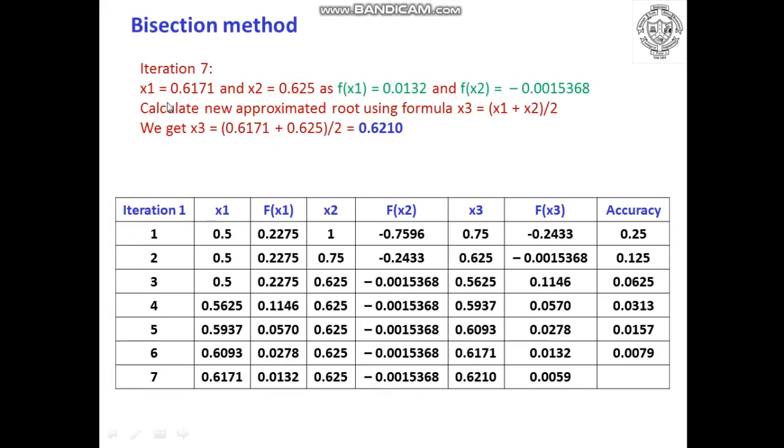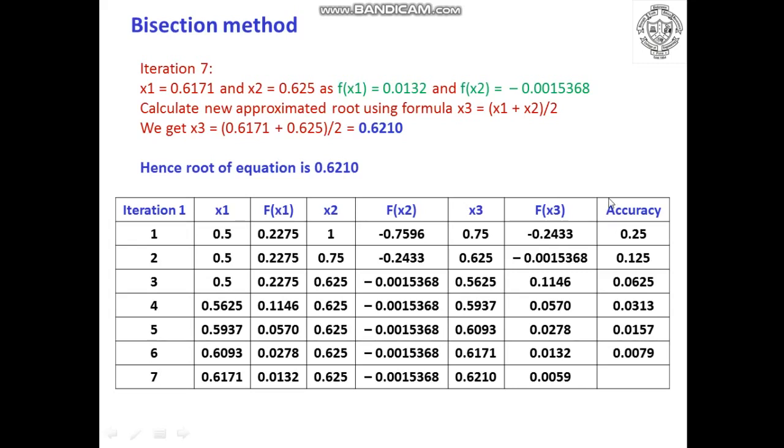So we have considered x1 as 0.6171 and x2 as 0.625. We find the midpoint between these 2 points and get the answer as 0.6210. So this value of x will be considered as the root of the equation, which is an approximated answer, as close as possible to your real root.